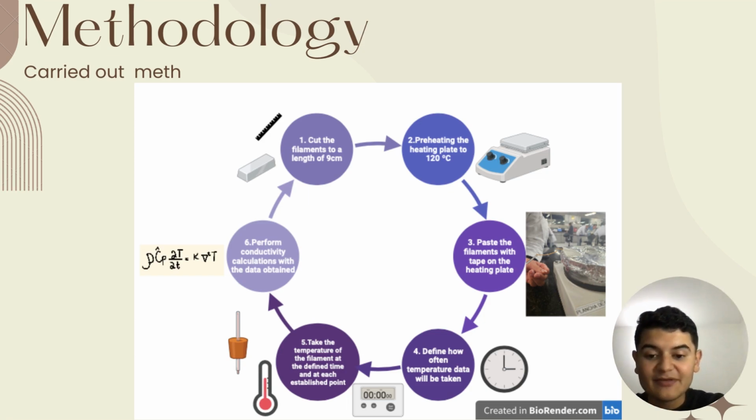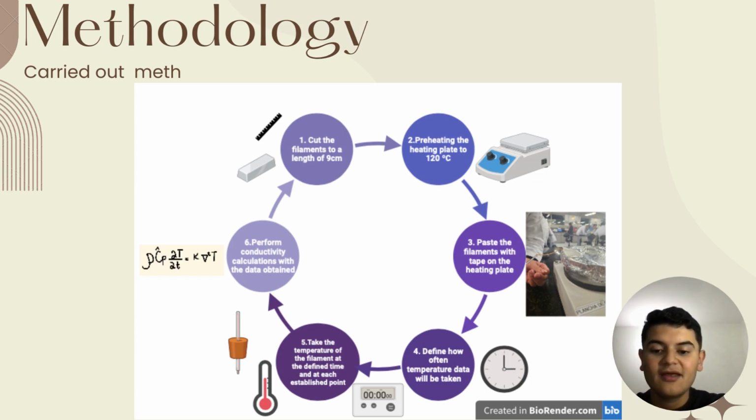The fifth step is to take the temperature of the filament at the defined times at each established point. The established points mean taking the temperature at different points of the filament, because this is the most important part: in each different point of the filament the temperature is going to be different, due to the fact that the conductivity is not the same in all the filament.